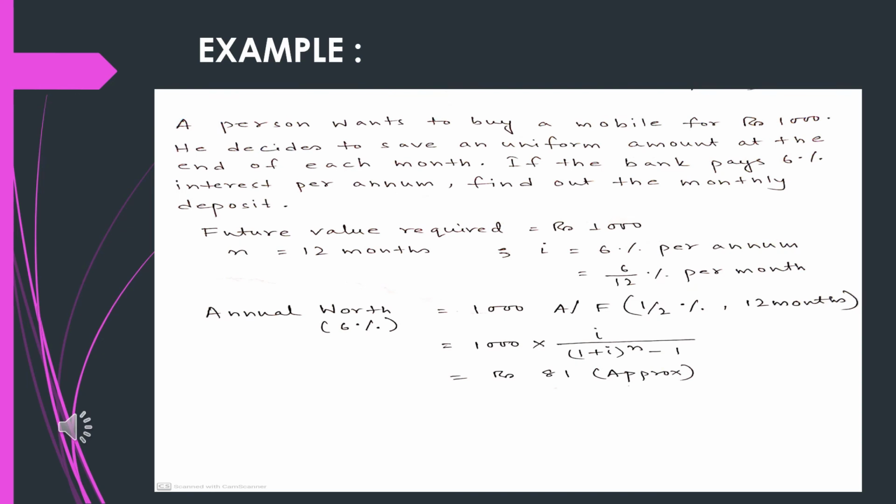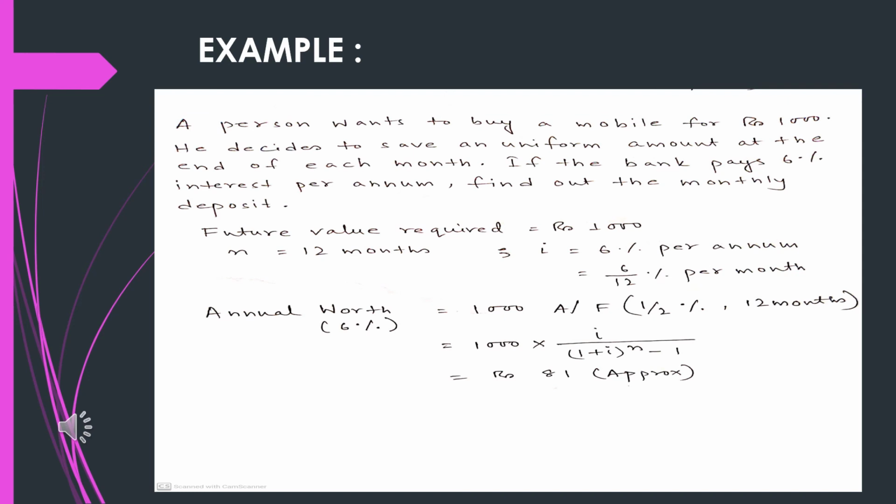He decides to save that 1000 as a uniform amount at the end of each month, in a bank that pays 6% interest per annum on each deposit. We need to find out the monthly deposit made by the person.